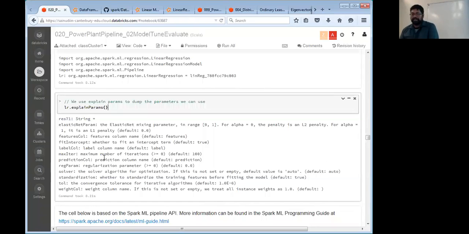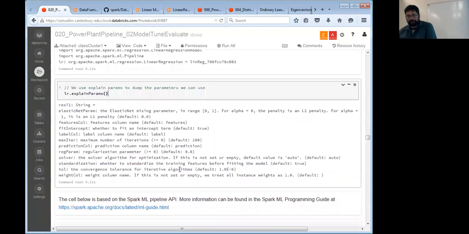Feature columns is here. Max iter default is 100. This is the number of iterations you have to do in the gradient descent. And then the solver for optimization is actually auto. So what they've done is try to figure out which optimization algorithm is ideal for your problem.